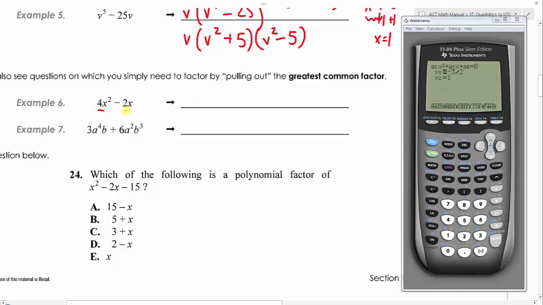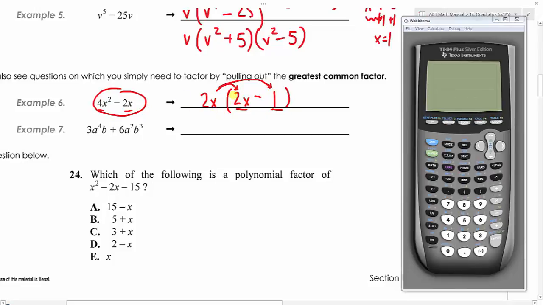So for instance, common to both 4x squared and this negative 2x is a 2x. I can pull a 2x out of these two terms, and then I have to figure out what I would have to put in these two positions so that when I distribute that 2x back through, I end up with this expression. And what I would have to put there is a 2x and a 1.